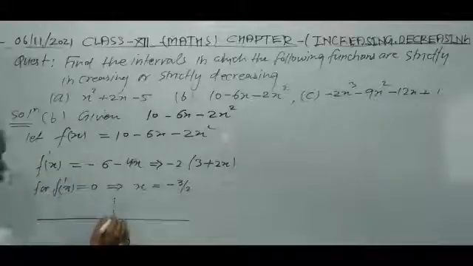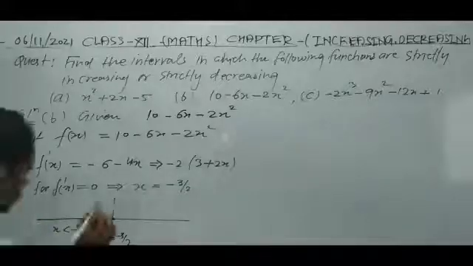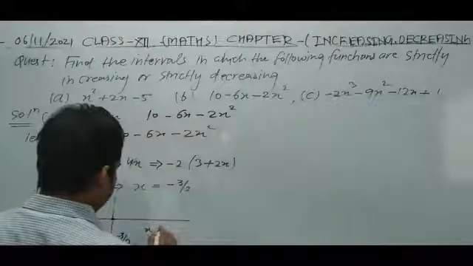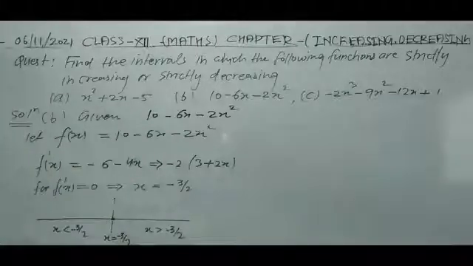So before this point, x will be less than minus 3 by 2, and to the right of minus 3 by 2, x is more than minus 3 by 2. Now you will get two types of intervals.